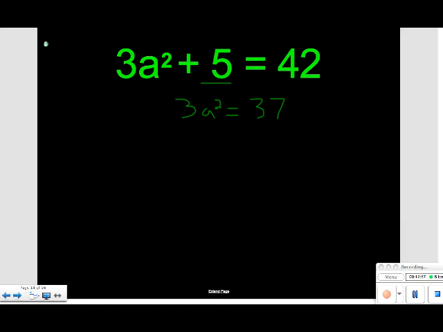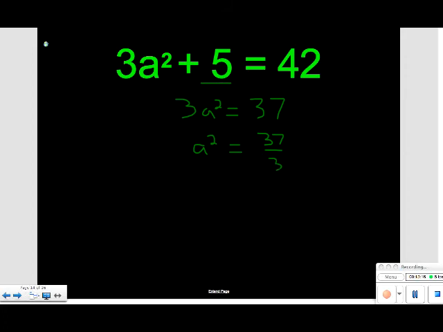Okay, we need to divide both sides by 3. So we're going to get a squared is equal to 37 thirds.